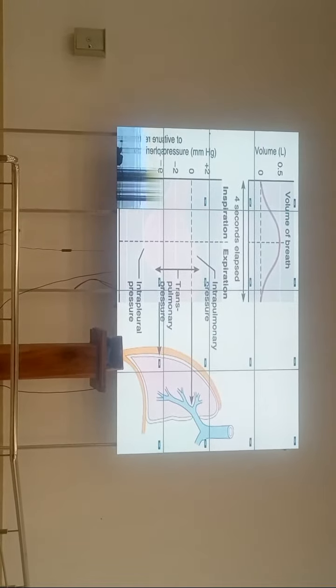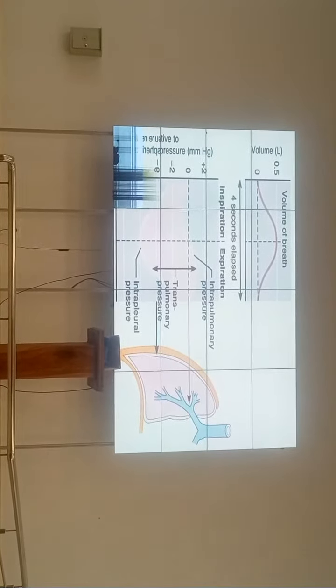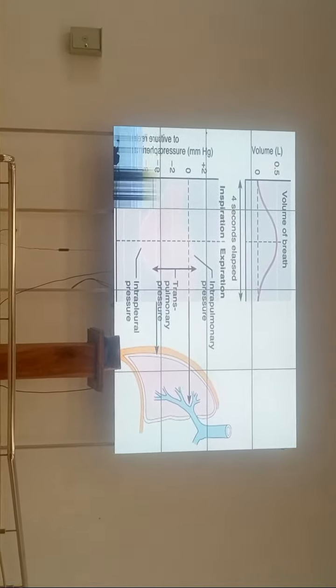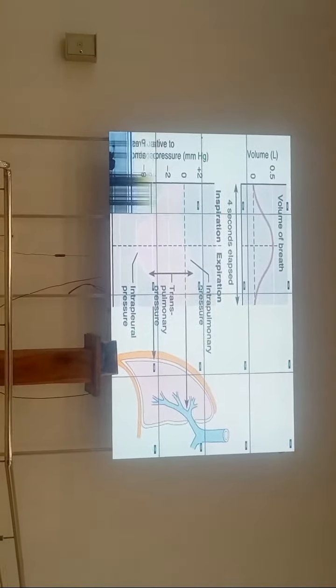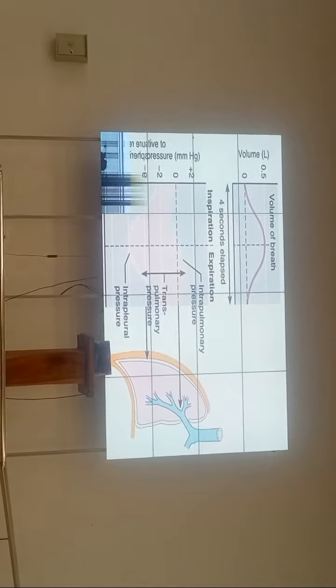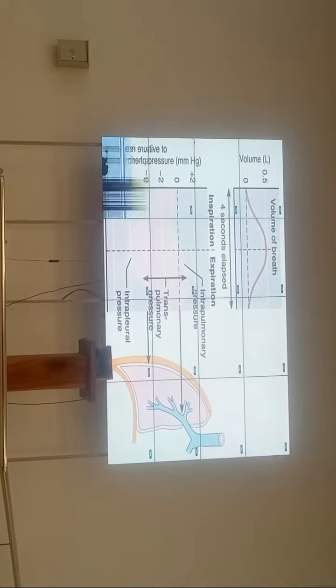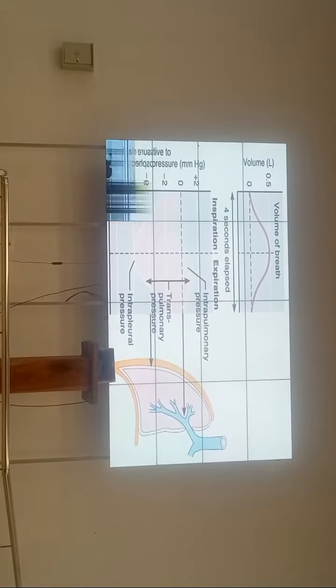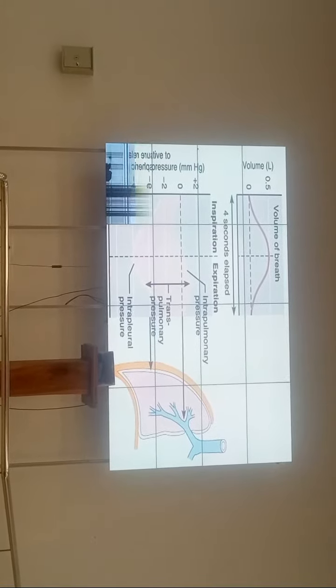This is the reason you have animals that can walk on water, because water has high surface tension. In short, the lungs are surrounded by water that has high tension.